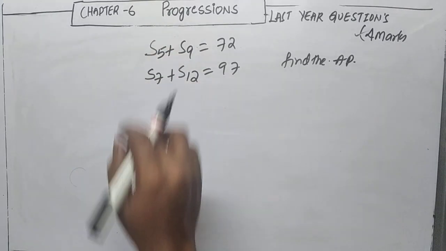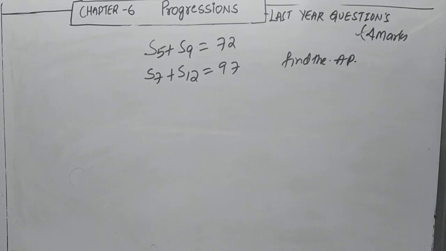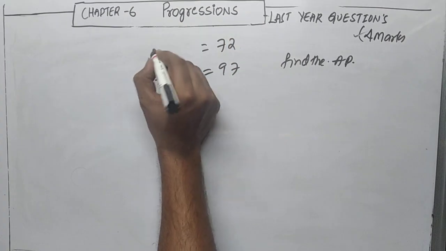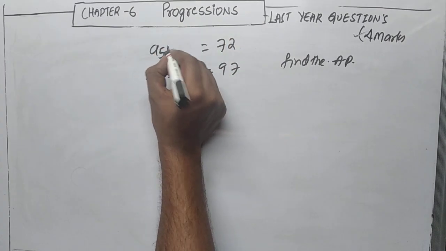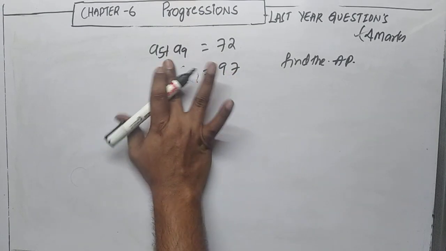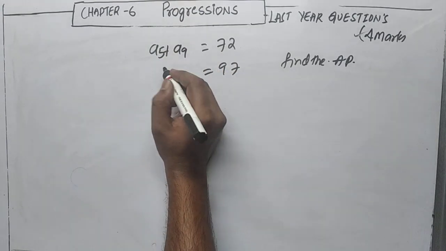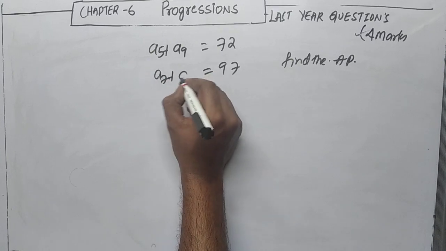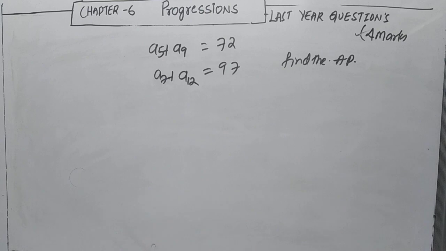I wrote something slightly wrong. He is saying that the sum of the 5th term and the 9th term is 72, and the sum of the 7th term and the 12th term is 97. You have to find the AP.